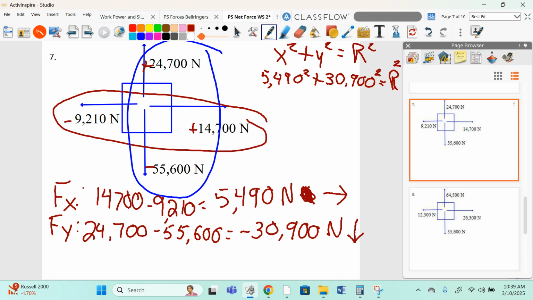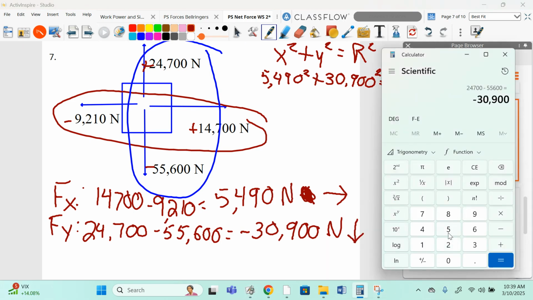I can include that negative sign here. All that negative sign is doing is telling me the direction, since it's in the y. A negative sign in the y means it's going down. If it's a positive number, that means it's going up. So I want to square those numbers and add them together. This step you can combine and just do all in one step.